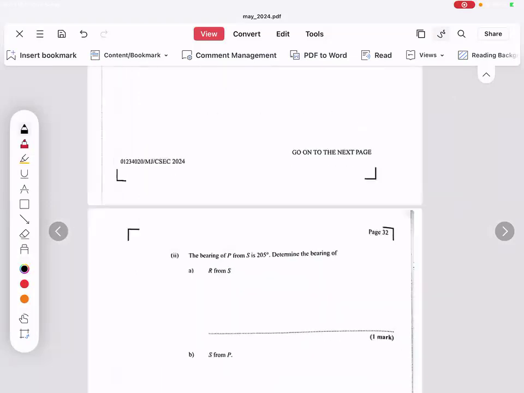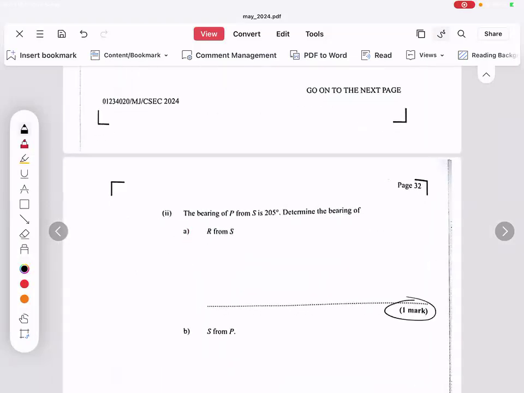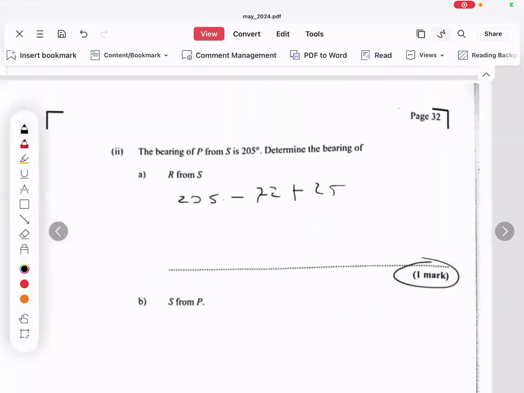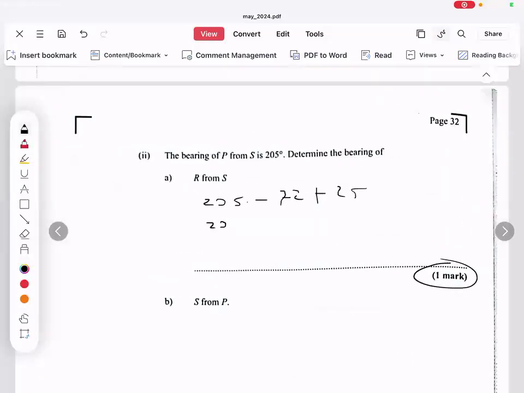That is correct. And this is a 1 mark question, so it's not a difficult question. 205 minus 72 plus 25. How much do you get when you do that now? 108.